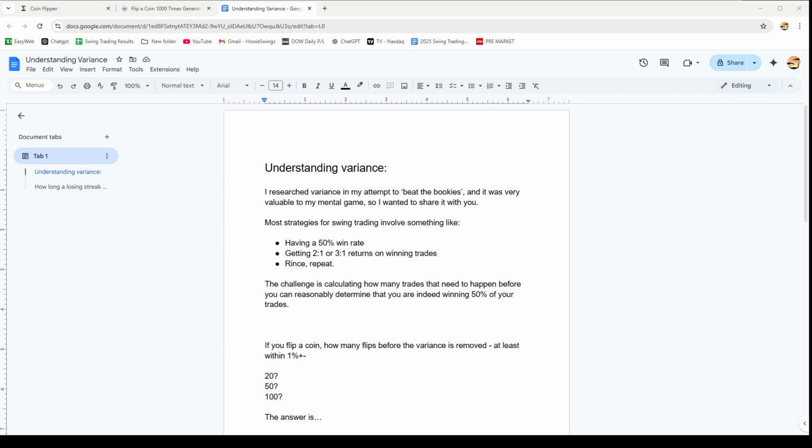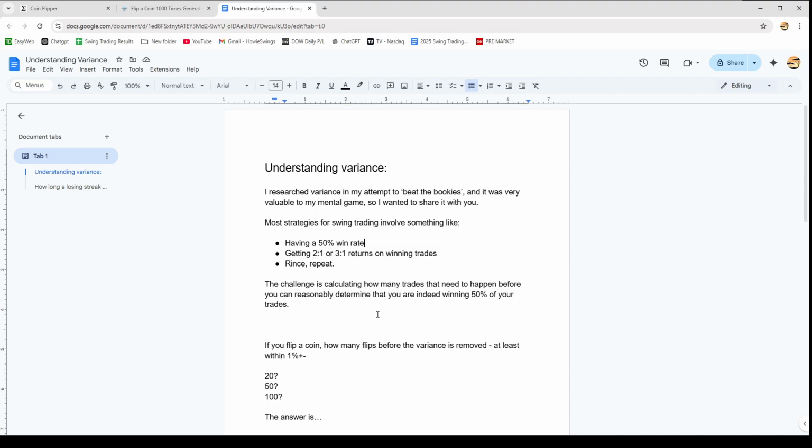So this 50% win rate is where I want to focus my attention, because the challenge is calculating how many trades you need to make before you can reasonably determine that you are winning about 50% of your trades, or I guess should be statistically winning about 50% of your trades. So I'll pose a question to y'all, and I want you to think about it and answer it before I provide the answer.